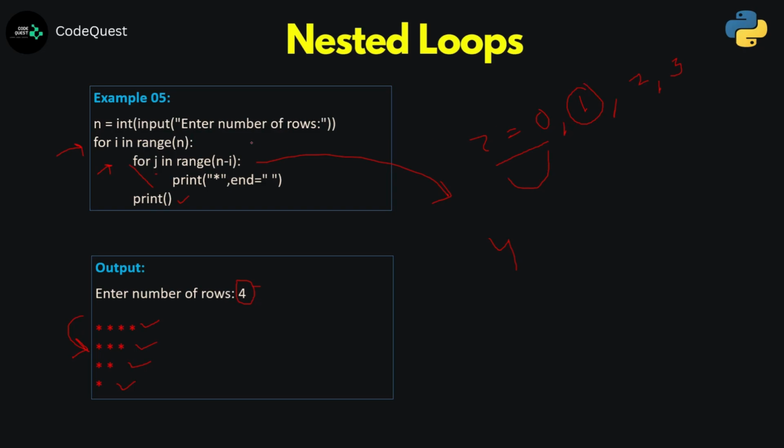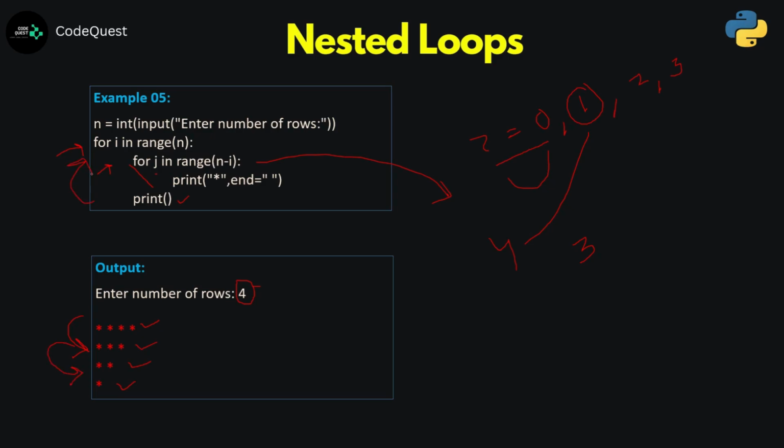Because the i value is 1 now, this j loop is going to go up to n minus i, 4 minus 1, that is 3. Which means I am going to get 3 asterisks printed, again ending with a space. Now once again the print function is going to bring the cursor to the new line.